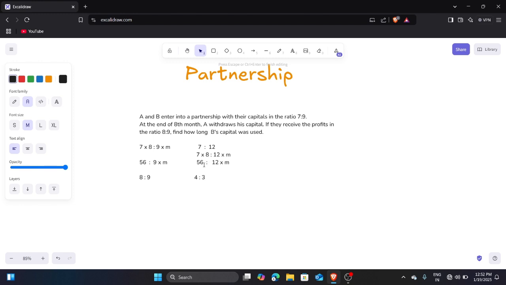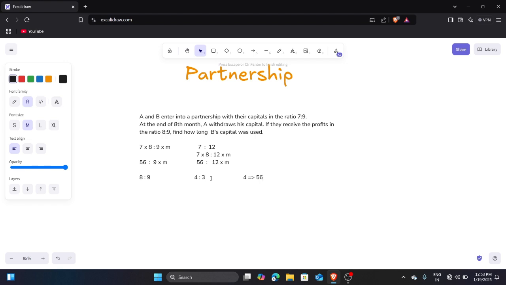Now you can see that this 4 is equal to 56 after simplifying. When you simplify 56, then 4 comes, and when you simplify this number, then only 3 comes. So 56 comes after you do something with it.